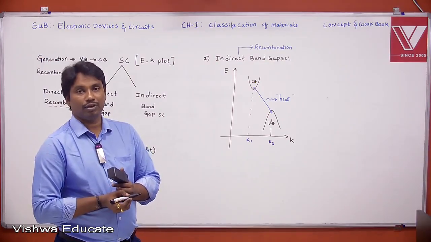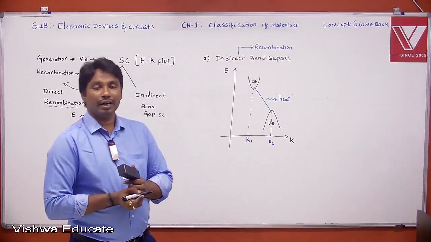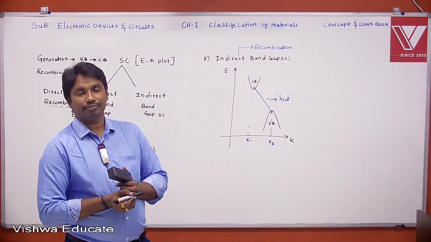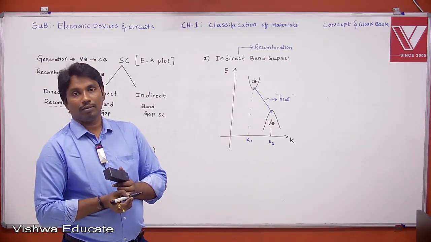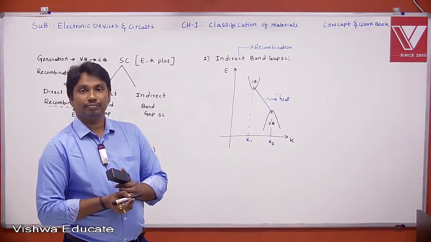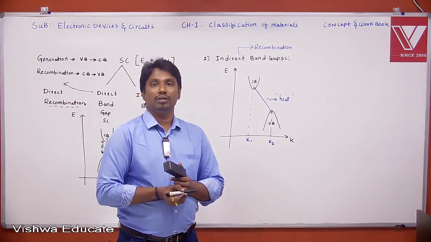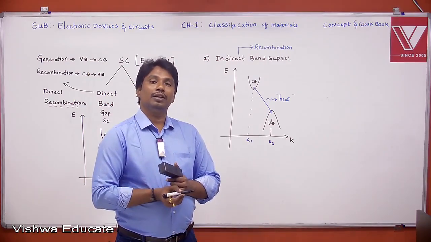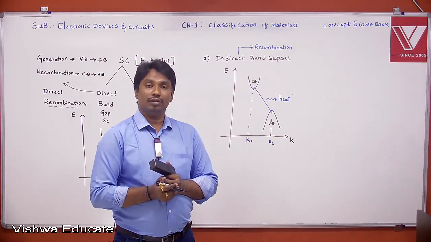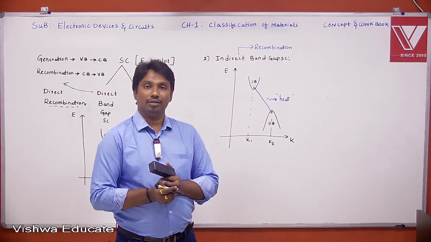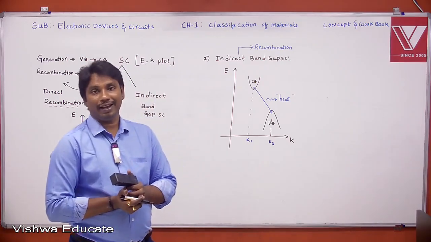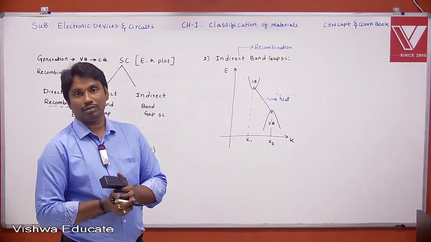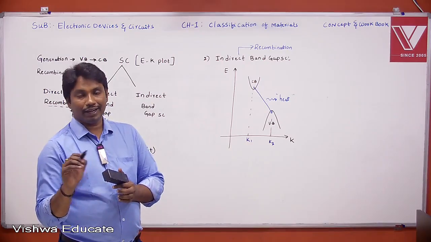Yeah. Next point. When the electron is coming from conduction band to valency band at different momentums, it is called indirect recombination. Yeah, please underline indirect recombination.